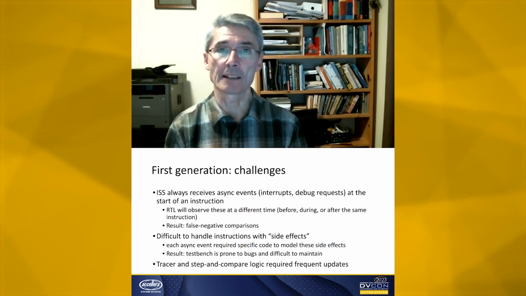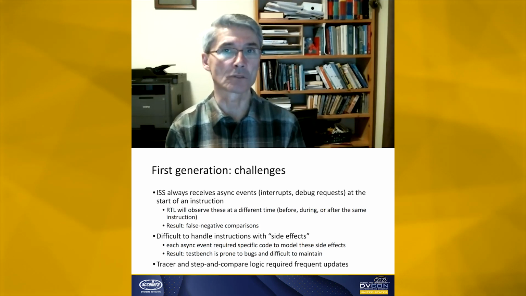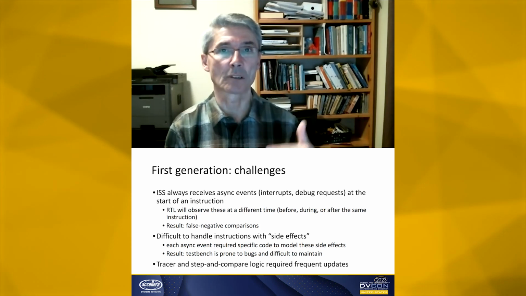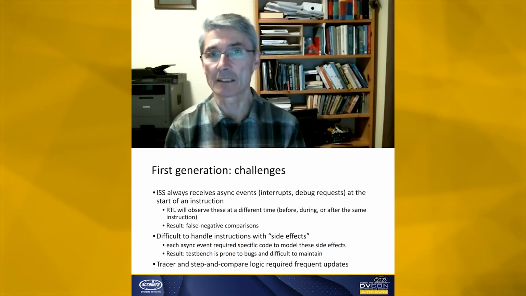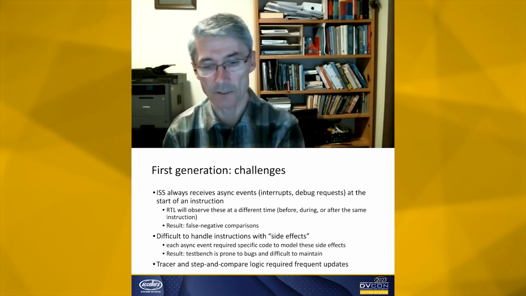That depends on the type of instruction we're executing and how long it took, maybe on some latencies on the instruction or the load store bus interfaces. The reference model never sees that. The reference model always sees a debug request at the start of an instruction. So this made the environment very prone to a lot of cycle accurate bugs.